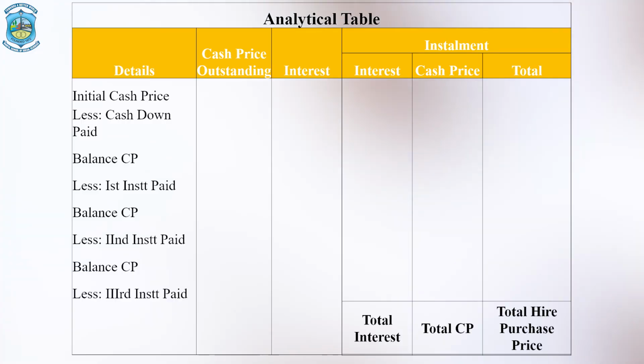Alright. So, this column is the most important column for the valuation of interest. So, the very next column is nothing but the calculation of interest. Why? Because once you have understood how much of cash price is to be paid to the vendor, on that outstanding balance you will be calculating interest for the next installment.